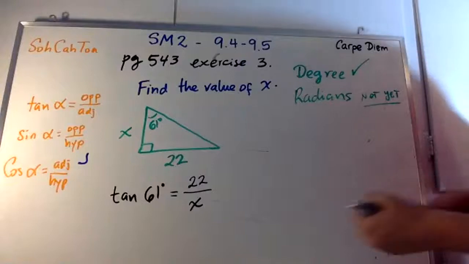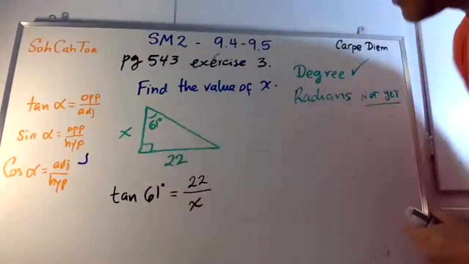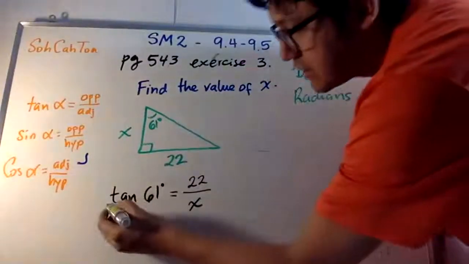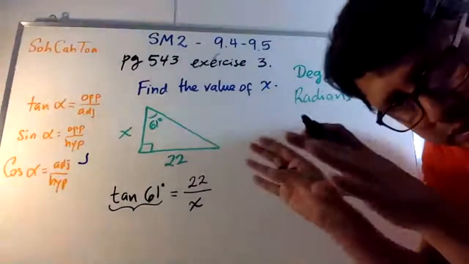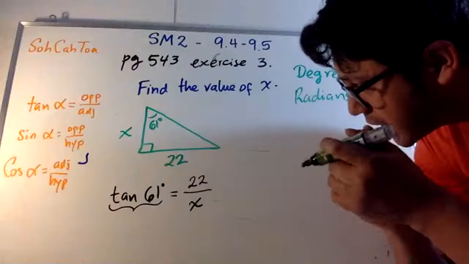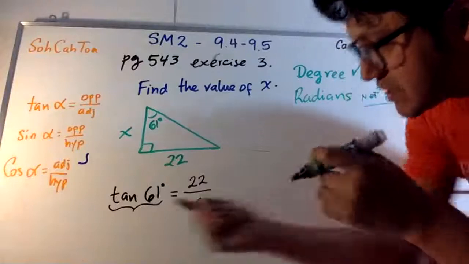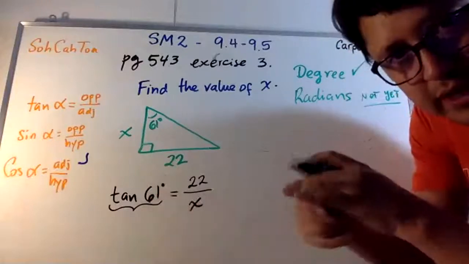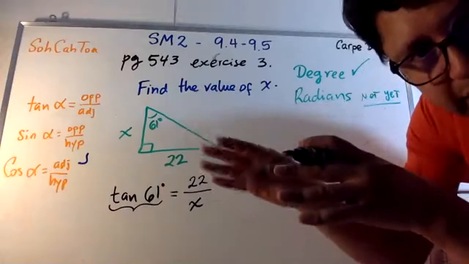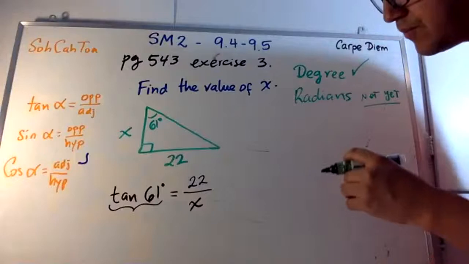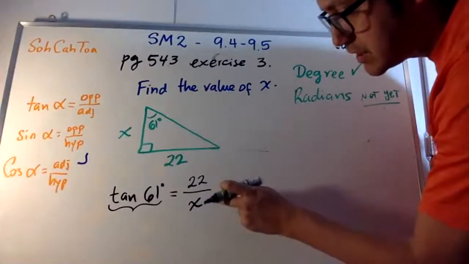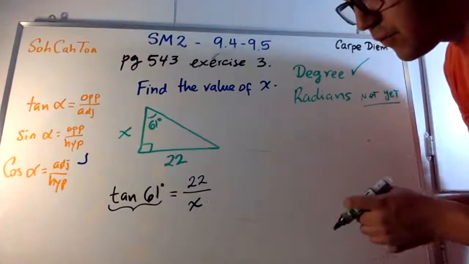And just apply the old algebra you already know. I need to switch this whole thing, but be very careful. These two always go together. Don't split them. You cannot break them apart. This is as if it were a number, like 5.2, 3.8, whatever. It's a number, so you cannot break them apart, okay? So I need to make sure that this x is completely solved for.